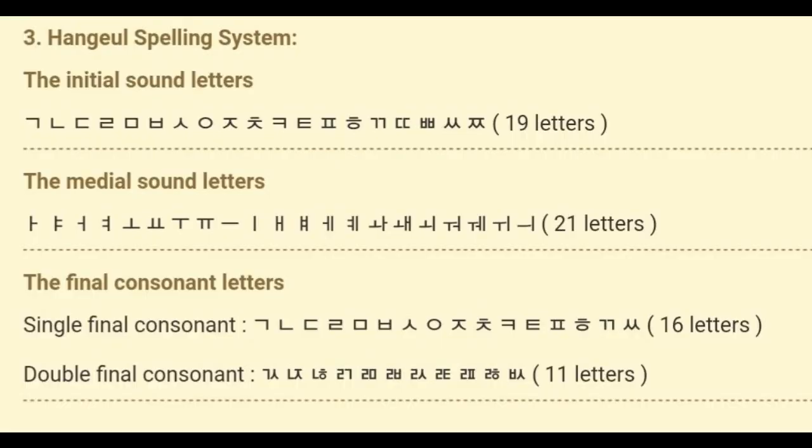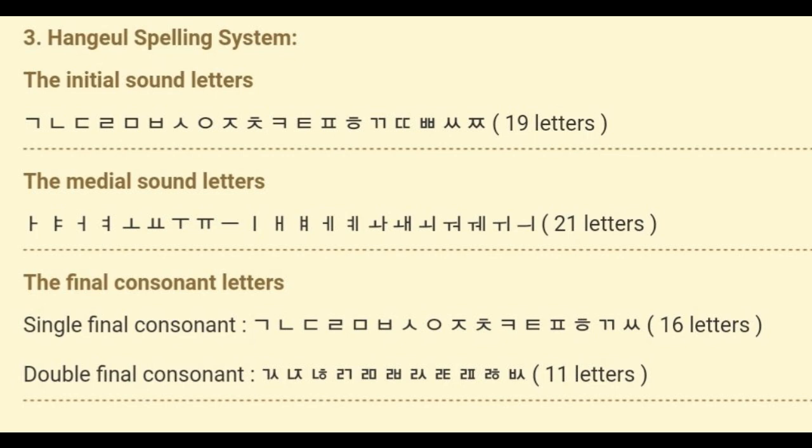And as the last principle of Hangeul, the syllable as a letter is divided into three positions: the initial sound, the medial sound, and the final consonant. Any one among 19 consonant letters can be an initial sound, and any one among 21 vowel letters can be a medial sound.